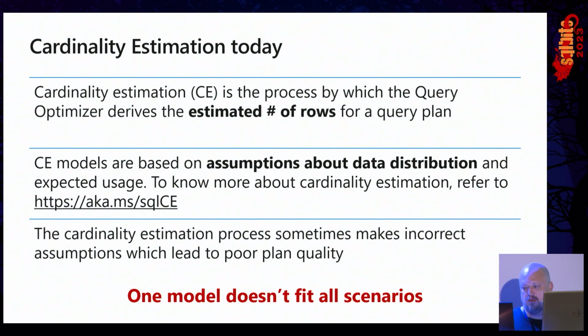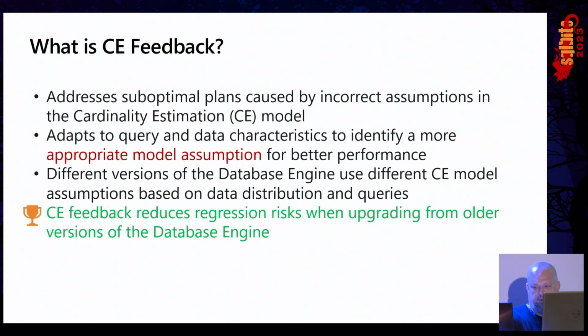So we have assumptions because that's the framework and how we interact with statistical data that's already been received. Historically, there's always been one model for CE, and it's always been that same model, but the challenge is that cardinality estimation hits inside of workload, and some queries are going to work better with one model, and some queries work better with a different one. So we end up having a problem with that. Cardinality estimation is how the optimizer estimates the total number of rows being processed in the query plan.